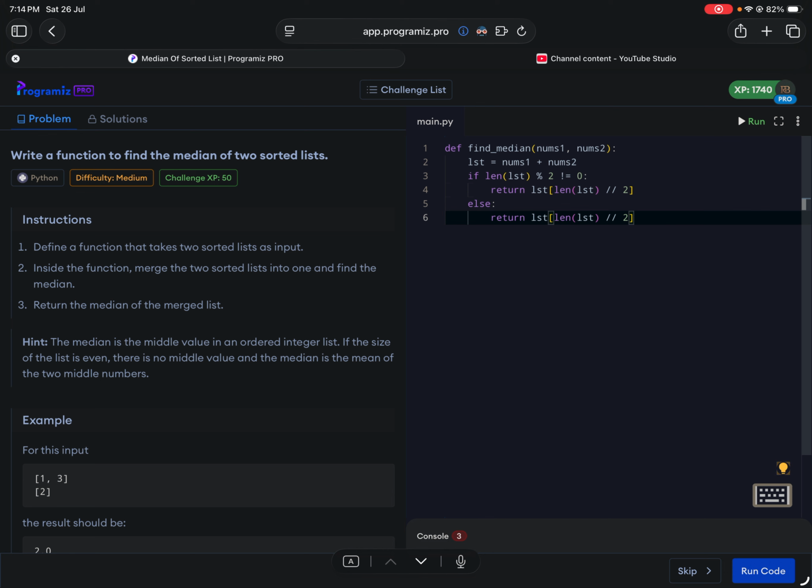Floor division for 2 will be 2, and then the other will be lst plus lst, and the same thing, but we need to do plus 1, because we want another index of it. So suppose this is 2, this should be 3, and then we divide the whole thing by 2, right.